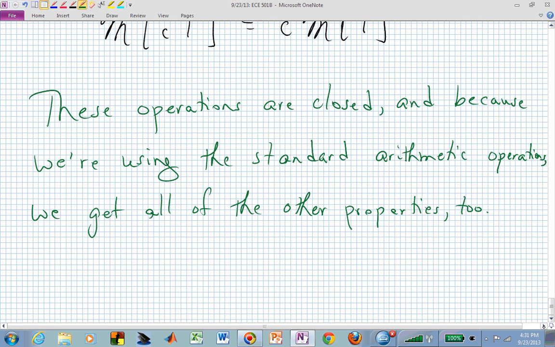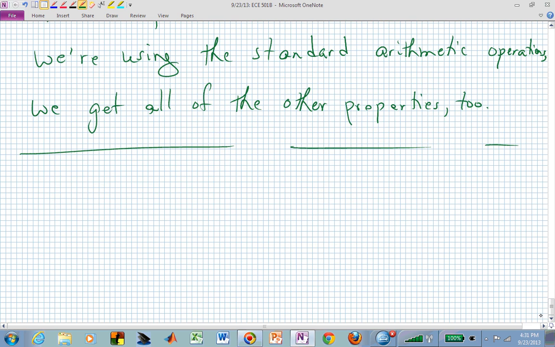Now we can actually create a new vector space. And that new vector space can actually just be a matrix. And we can say, oh, a matrix actually creates a vector space.